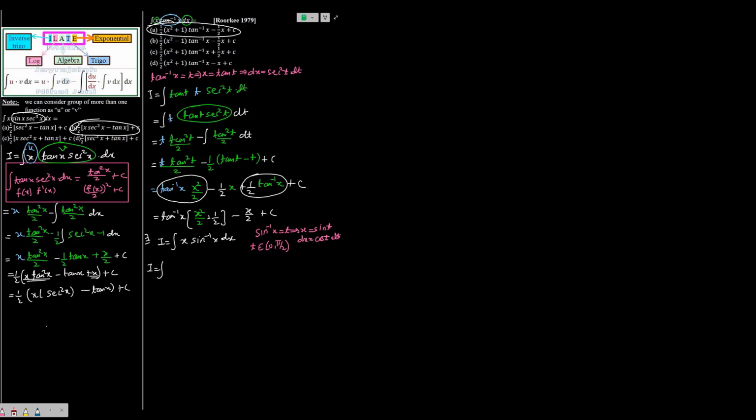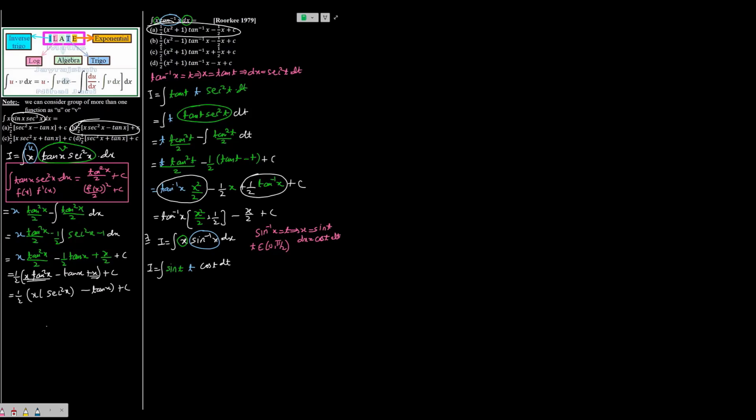Instead of x, we have to place sin t. Instead of sin inverse x, t. And instead of dx, cos t dt.